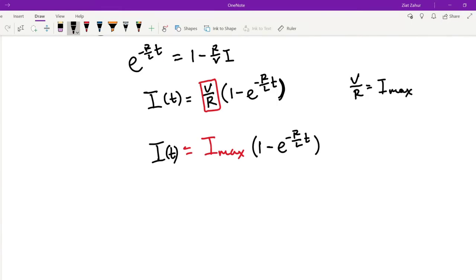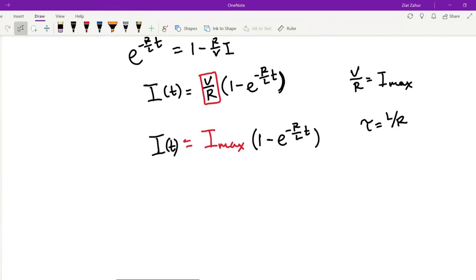Okay, and we can also rewrite this R over L thing similar to how we did with capacitors. We can say that the time constant tau is equal to L over R. If you look at these capacitor notes, we're basically following this exact same thing, except we did it with an inductor.